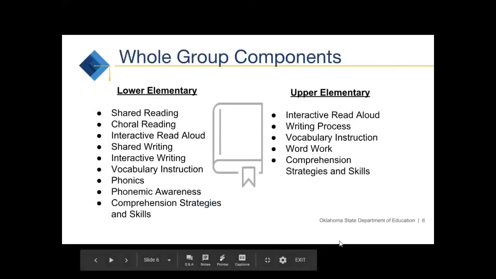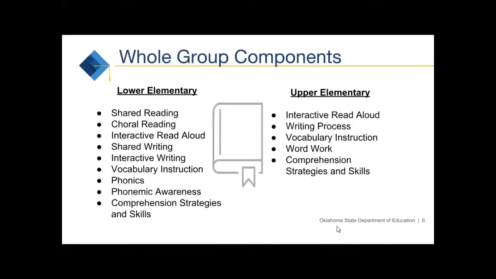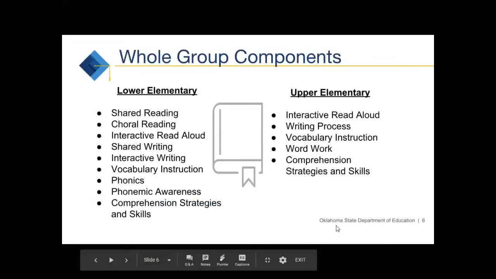As you can see, we have a list of different strategies that you can use in lower and upper elementary. Whole group instruction is meant to introduce new learning explicitly and systematically. This instruction is on grade level, and it is also based on the Oklahoma Academic Standards.